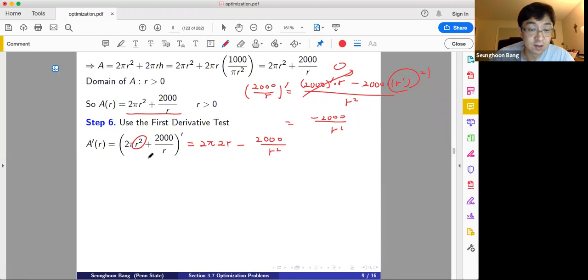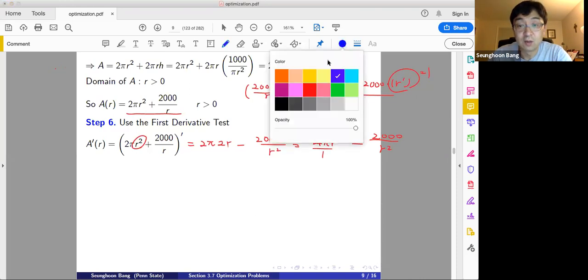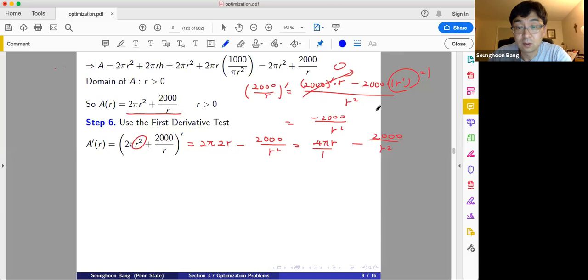So what's that? It's the same as 4 pi r minus 2000 over r squared. I will change this difference to only one fraction with a common denominator. This one has denominator 1, so you just multiply top and bottom by r squared.